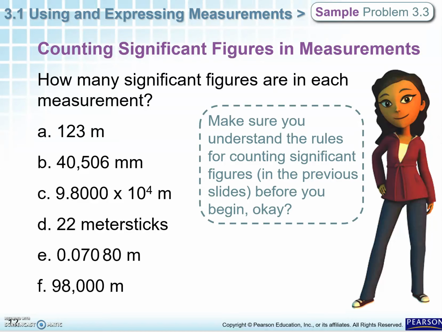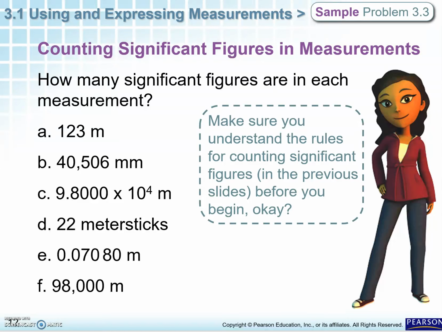That requires our 0 to be significant between 7 and 8. We also have a 0 at the end of our number. According to our rules, anything to the right of the decimal at the end of our number is considered significant. So overall, we have 1, 2, 3, 4 significant numbers.